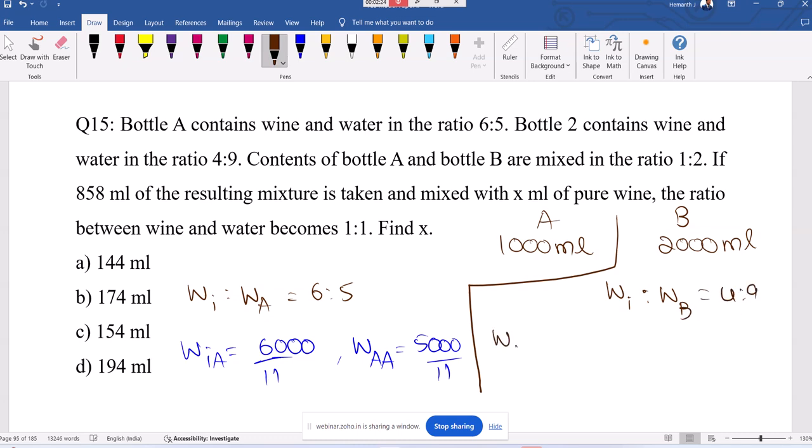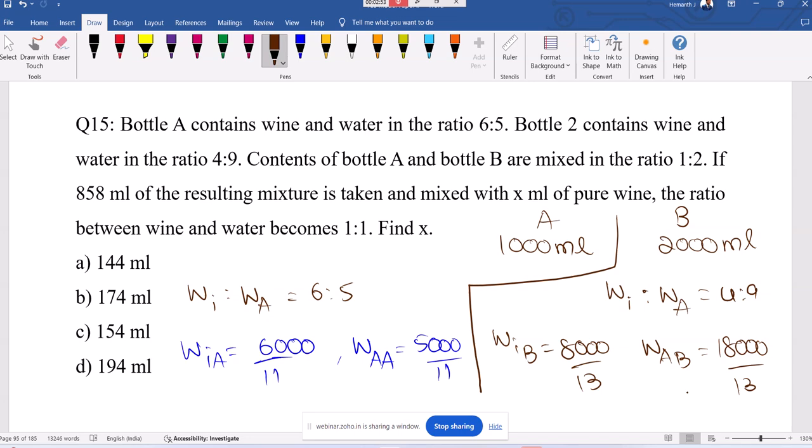So wine in B is 4 into 2000, 8000 divided by 13. Water in B is 9 into 2000, 18,000 divided by 13. Right. So now 858 ml of the resultant mixture is taken.